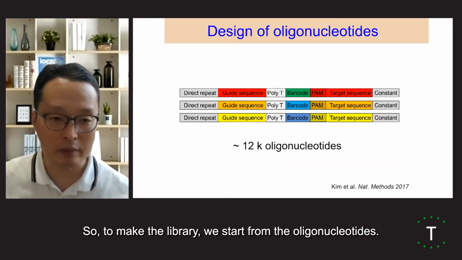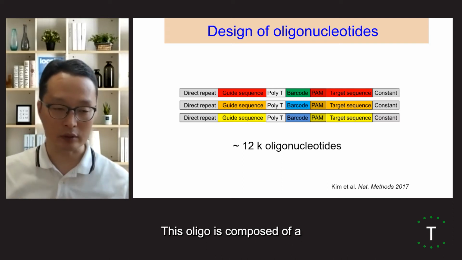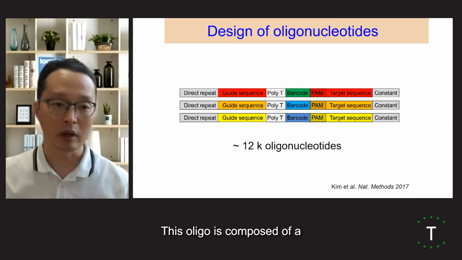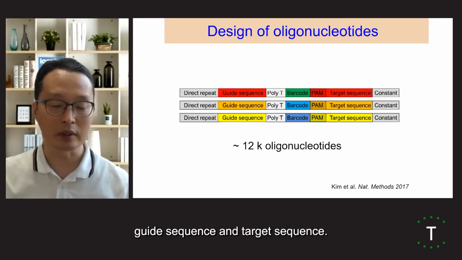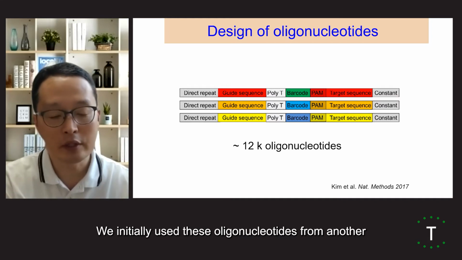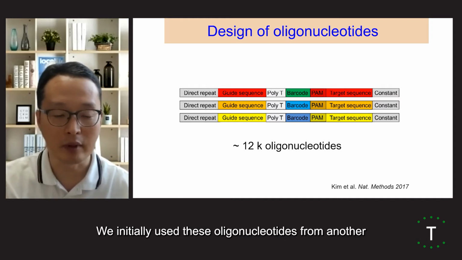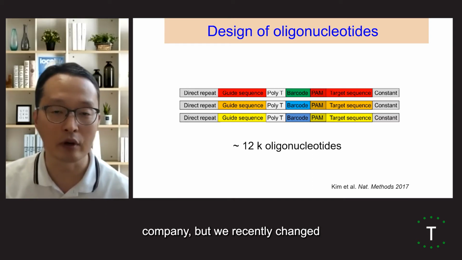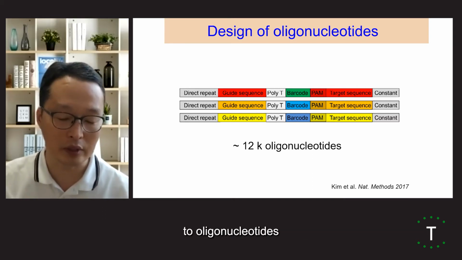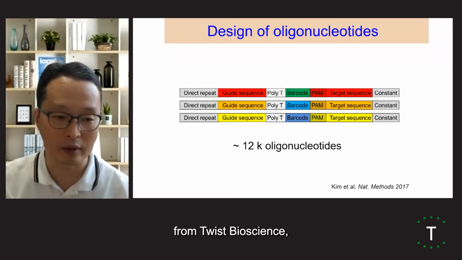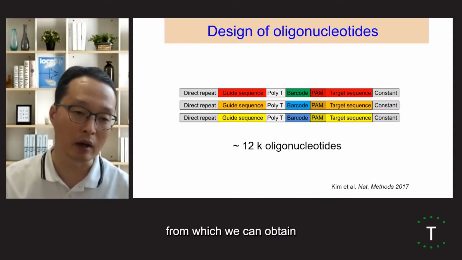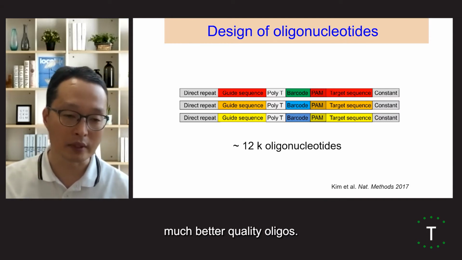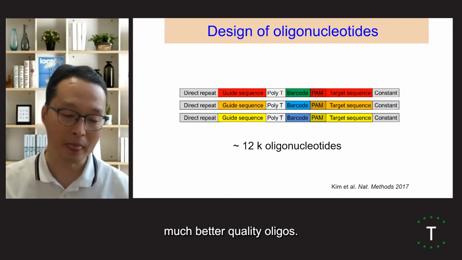So to make the library, we start from the oligonucleotide. This is the oligo, which is composed of guide sequence and target sequence. We initially used this oligonucleotide from another company, but we recently changed to order oligonucleotides from Twist Bioscience, from which we can obtain much better quality of oligos.